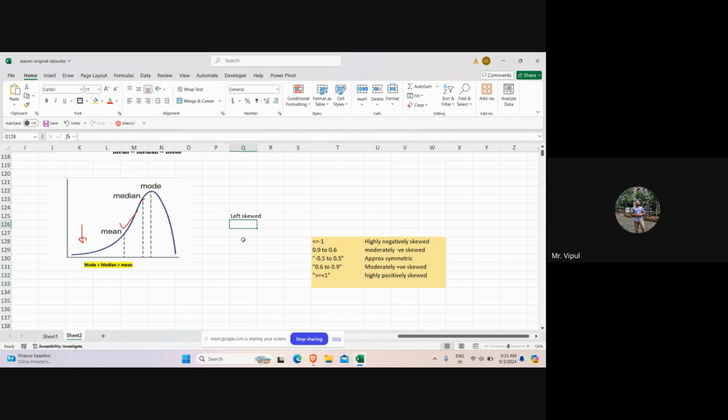Now is this thing clear to you? That moderate negative skewness is minus 0.9, yeah. Minus रहेगा, right? It has to be minus.